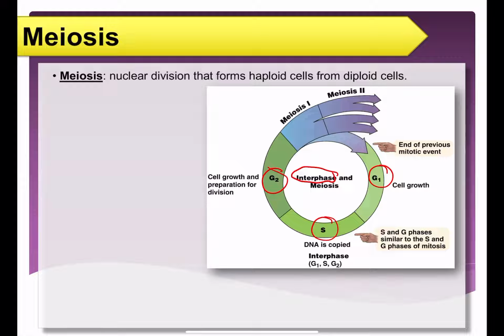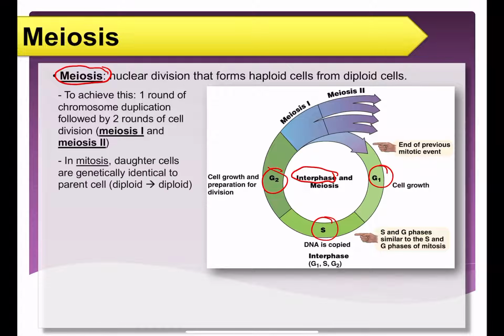Same as somatic cells, but they don't undergo mitosis. Gametes undergo a different type of cell division called meiosis, which is what allows diploid cells to become haploid, reducing the amount of chromosomes by half. Okay, remember, this is a very critical concept, that you're halving the amount of chromosomes during meiosis.